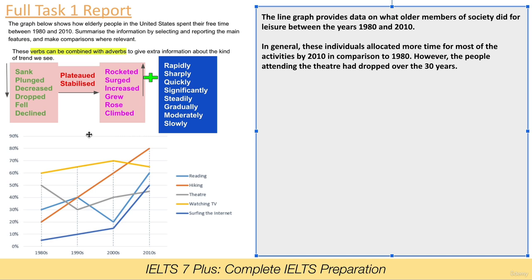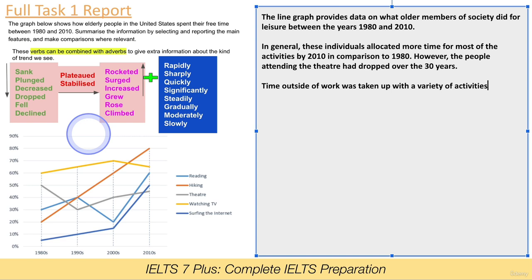Okay then, so let's start with the 1980 decade, and we can go into detail now in our first body. Okay, so we can have a nice sort of opening. Time outside of work was taken up with a variety of activities, perhaps.